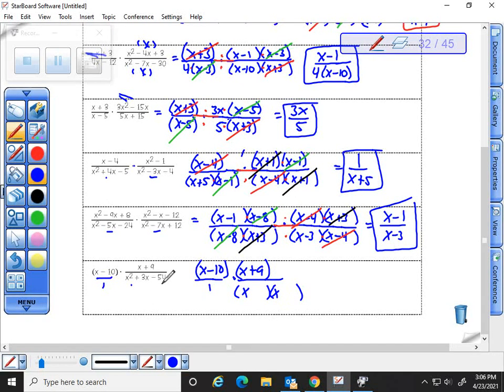And how you get a minus 54 multiplied is one positive, one negative, and added to get 3. So it's going to be a plus 9 and a minus 6. Cancellation of the x plus 9s, because it is one big multiplication, gives me x minus 10 on top and x minus 6 on the bottom. Don't cancel out the x's or the 10s.